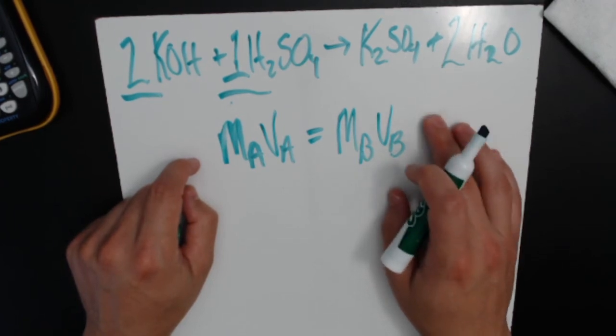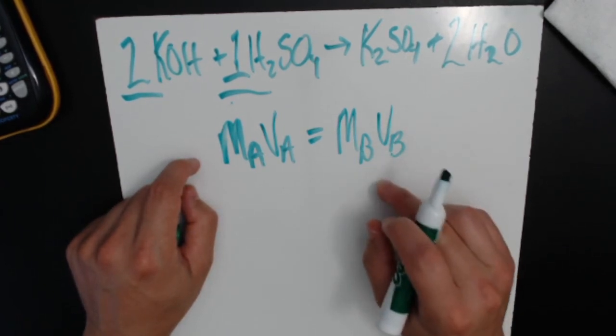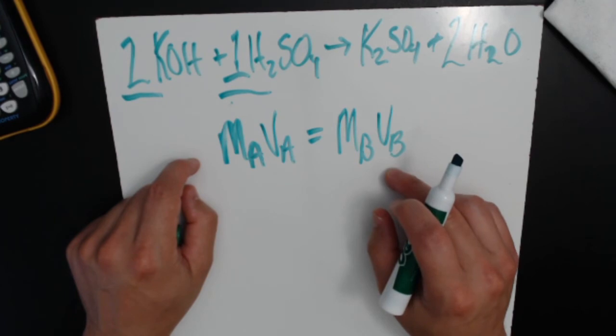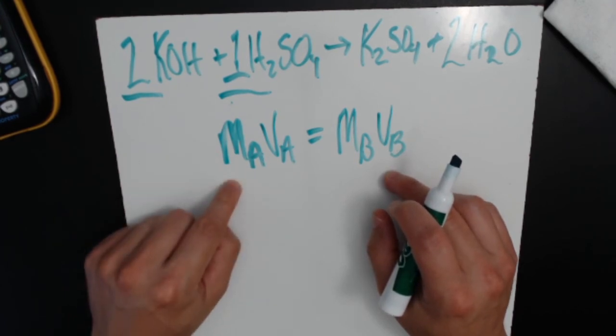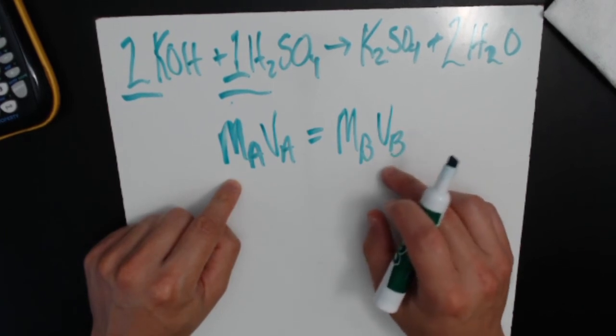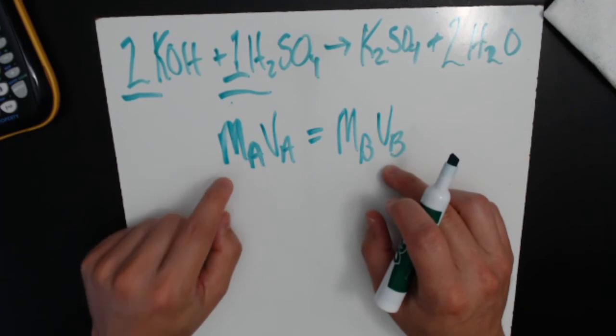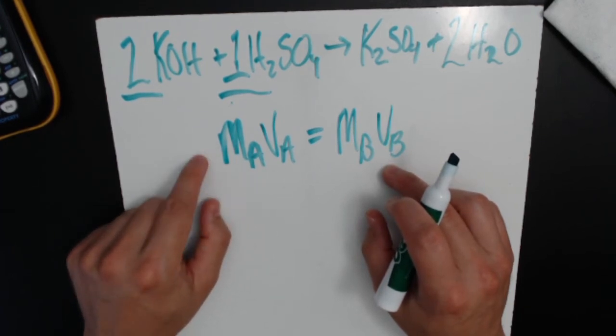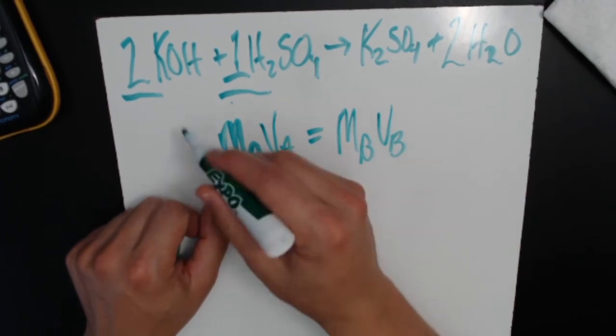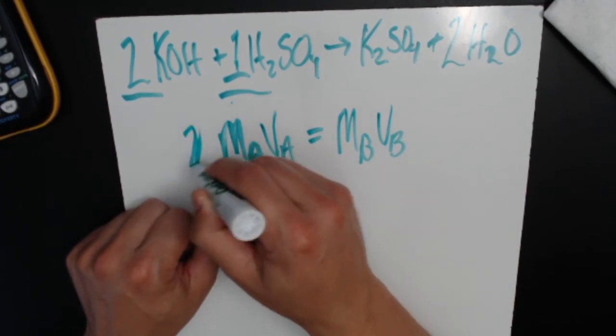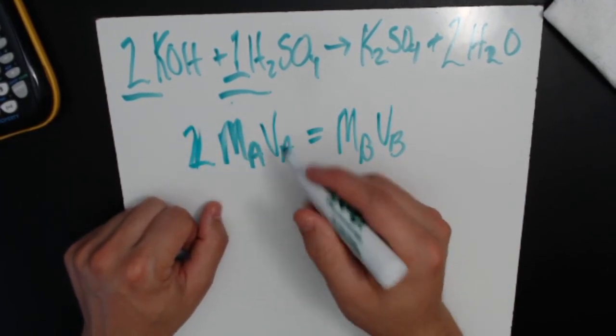Well, remember, our X is over here. If we multiply this side times 2, that's going to mean that whatever our X is, is doubled. So what we have to do is multiply it on the other side. This side is the side that gets multiplied by 2.